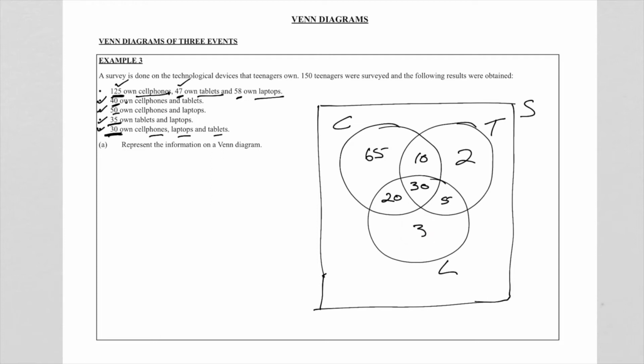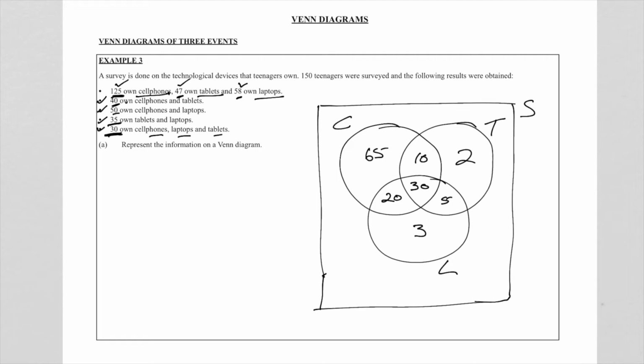So let's write the 3 down, and if you double check this now, the 20 plus the 30 plus the 5 plus the 3 gives us the 58 that we need for this one. That was the 58.